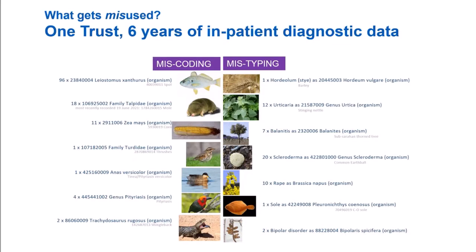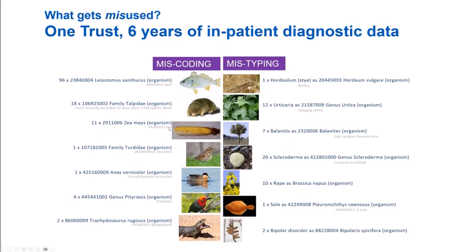And so here are some choice examples of miscoding of patient diagnoses for inpatients in 2 London trusts. You've got a patient with a spot who got this code for a freshwater eastern seaboard fish with a spot on the side, which is why it's known as a spot. Here you've got a patient with a mole.